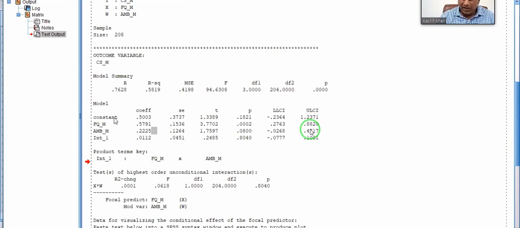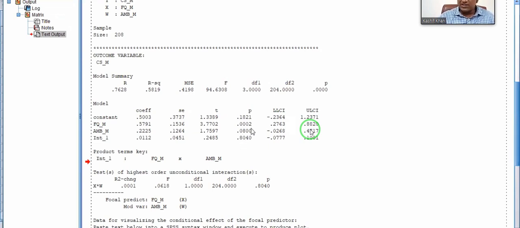We know the direct relationship of FQ: this is the coefficient value and this is the P value. This is significant, great. Ambience as a direct relationship is not significant. Then we look at the coefficient, standard error and T value, and we see the P value is off. So it shows that ambience is not interacting. Ambience doesn't have a significant interaction effect, a significant moderation effect.